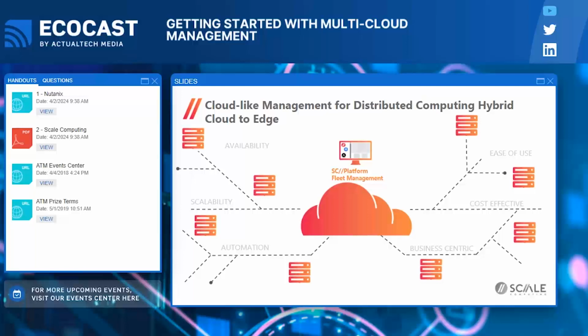And ultimately, I think the goal for everyone is to provide really cloud-like management for distributed hybrid cloud computing, whether that's in 10 locations or 10,000 locations. Provide a lot of the capabilities, API-driven, declarative, the security, all the things that teams are used to running and deploying applications in the cloud.